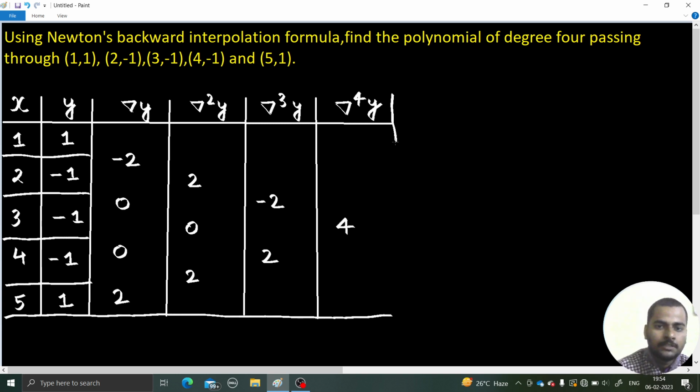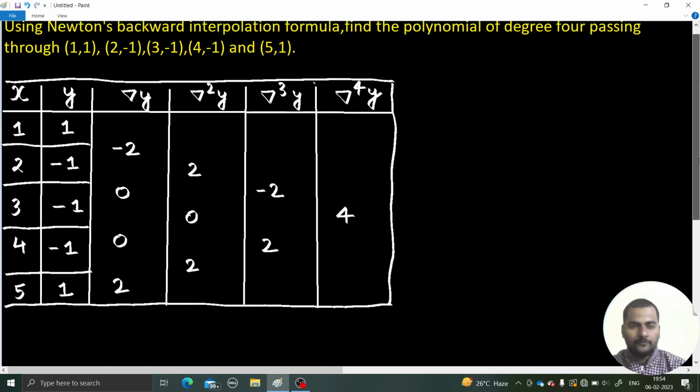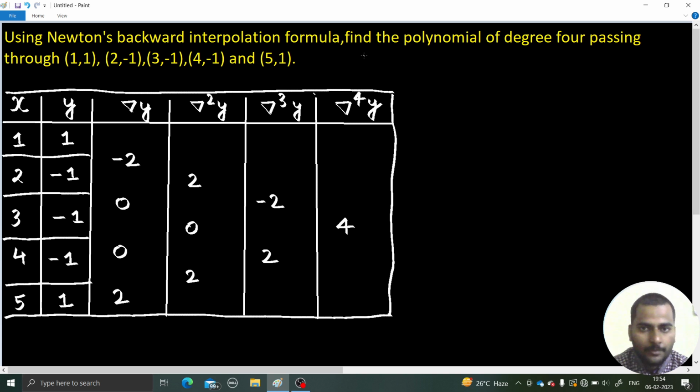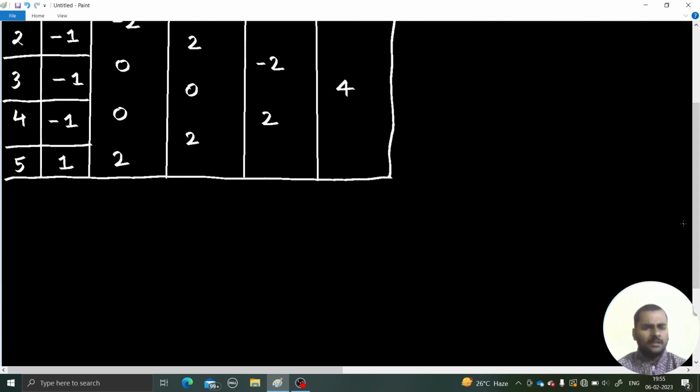Now we'll use this table in the formula of Newton backward difference interpolation formula, and therefore we'll get the result. Because we need to find a polynomial of degree 4, what is the formula?